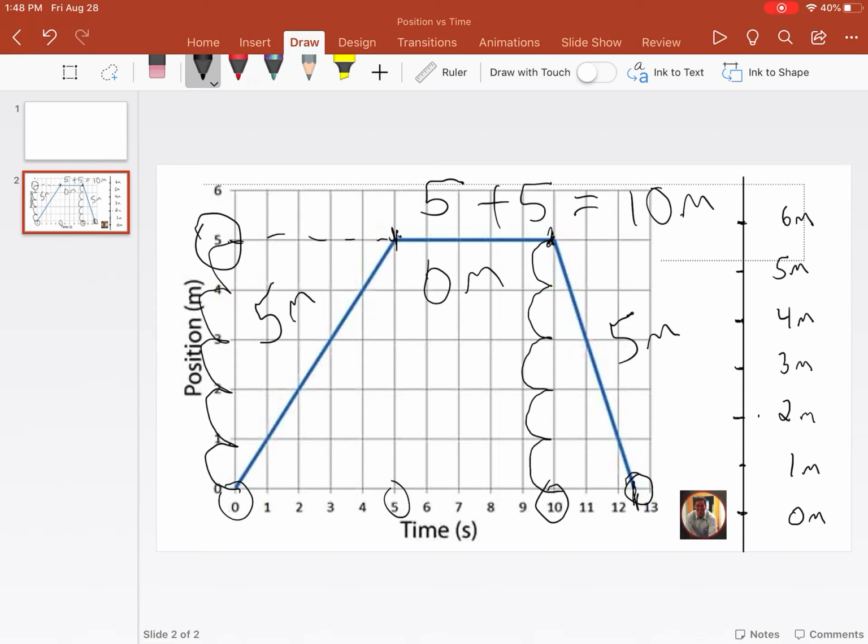So I went forward 5 meters, stopped, and came backward 5 meters. And again, I'm looking at the position axis for that, and my little marks here were me showing you I was counting how many meters I went forward, and I was counting how many meters I went backward, each block being 1 meter, each block being 1 second of time down here.